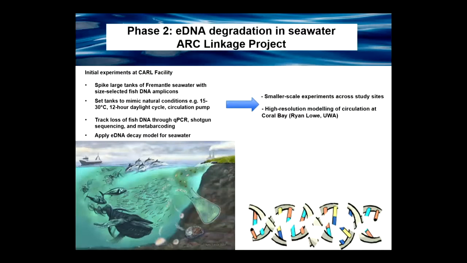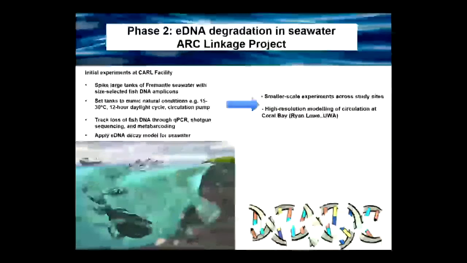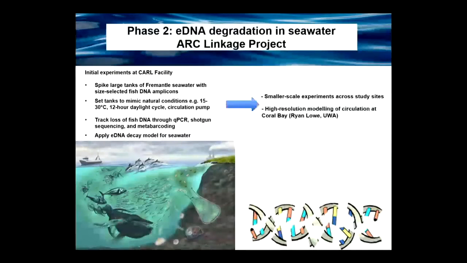A lot of small-scale experiments are happening in the field to complement that, and also working with some oceanographers, people that understand the currents of the ocean, to basically tell us, if something is shedding a piece of DNA, where would that end up based on the currents and the winds in that particular area.